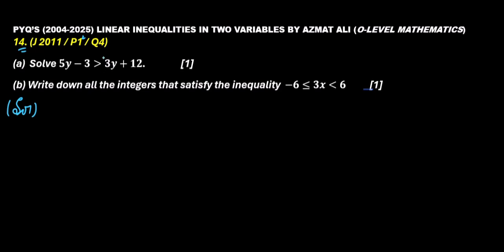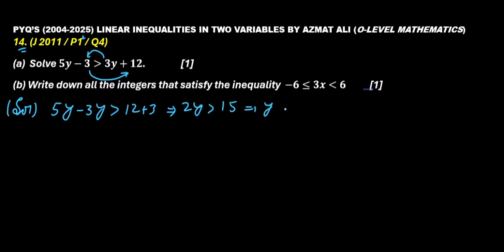So by moving 3y here and the constant to the other side, this gives us 5y minus 3y greater than 2 plus 3, and 5y minus 3y is equal to 2y greater than 5, and from here y is greater than 5 by 2, or you can write y is greater than 2.5.